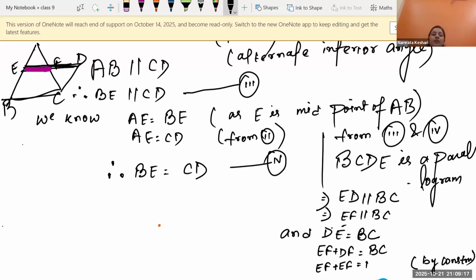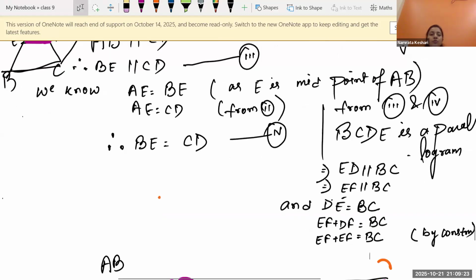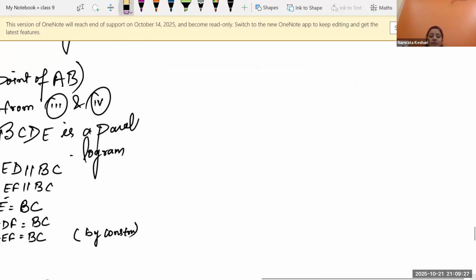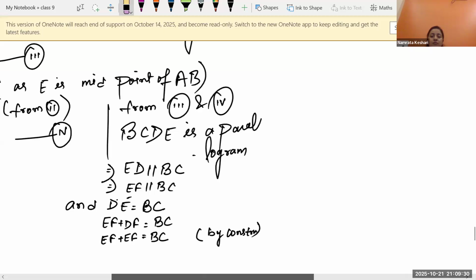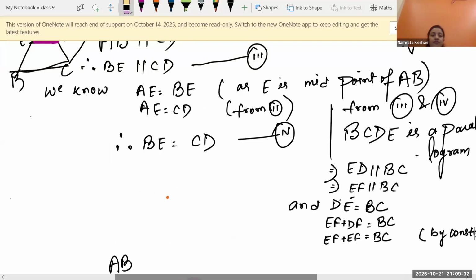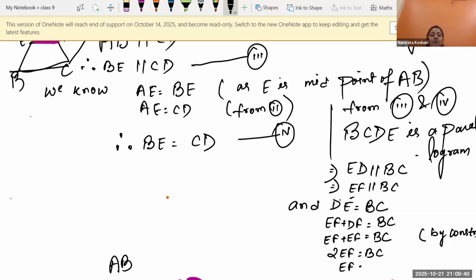And we are done. Can you see? The length EF is half of BC. We are done with the proof that it is half of the length also. We'll be able to say 2 times EF equals BC. That means EF equals half of BC.